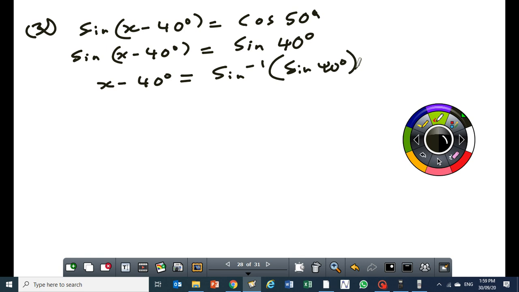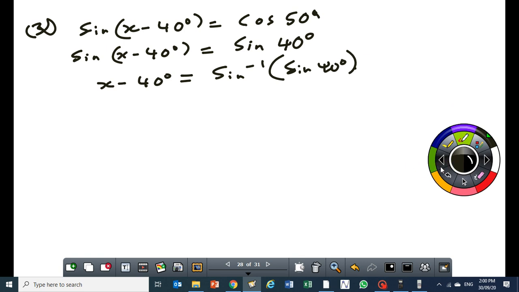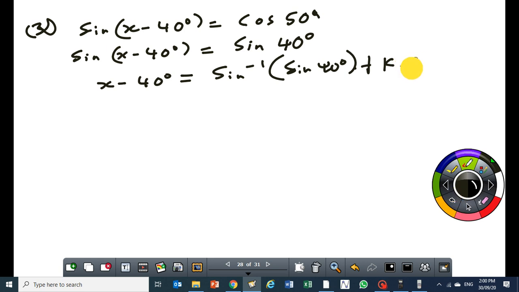So you should write that step, otherwise we don't know what's happening. So you want me to write it that way? Okay, if that's what you want, let's carry on like that. So here I'll put plus k, but you need to learn to write the way that I wrote, because sometimes you might have an angle here which is not an exact angle, and then you're going to end up having issues.